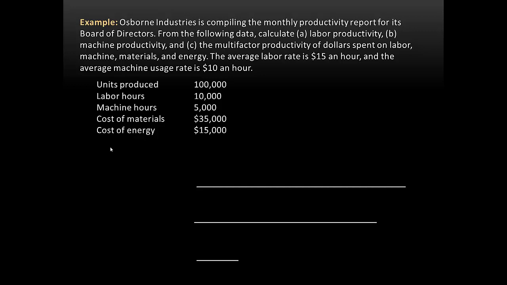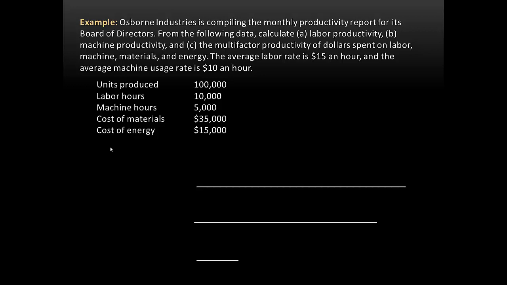Number two, machine productivity, which is also a single factor productivity. And the multi-factor productivity of dollars spent on labor, machine, materials, and energy. As you can see, all four are mentioned, so you can also say it's a total factor productivity that they want you to calculate.